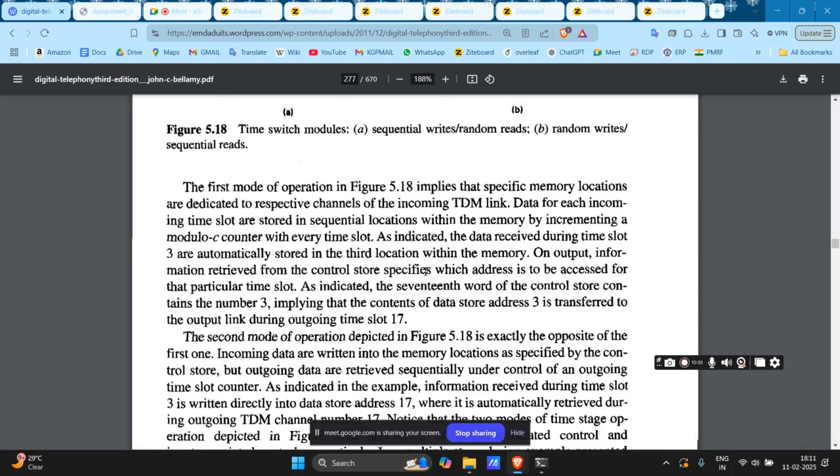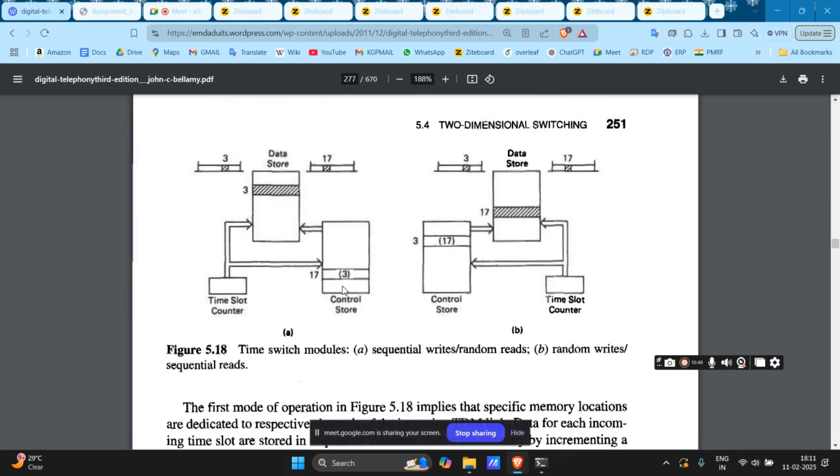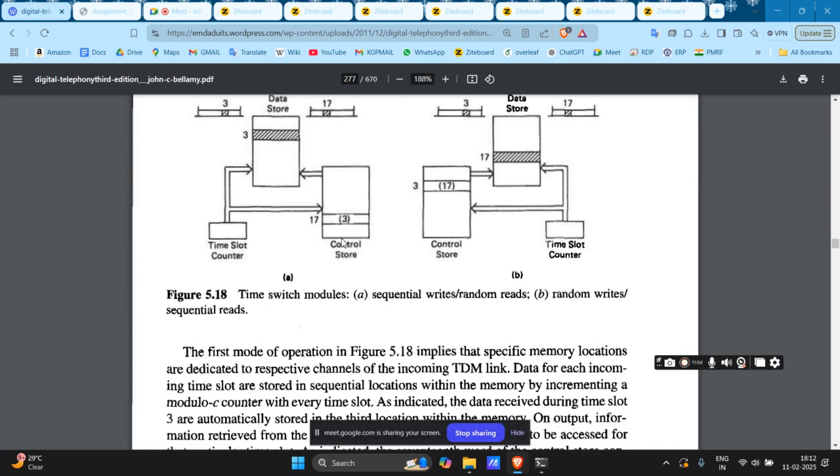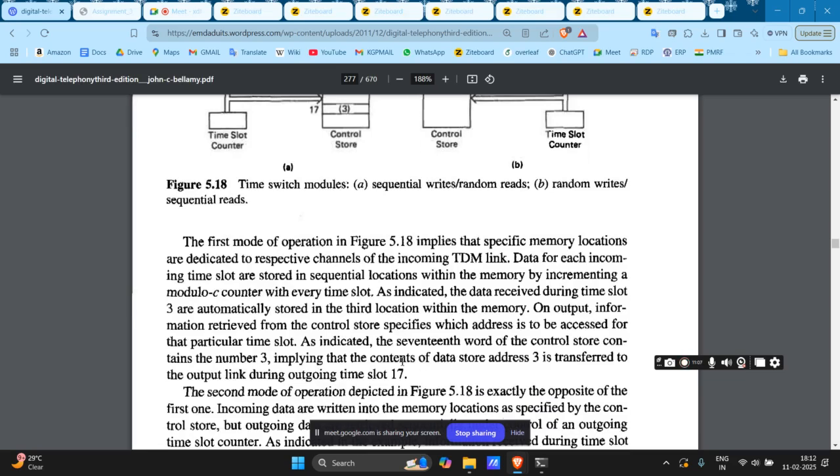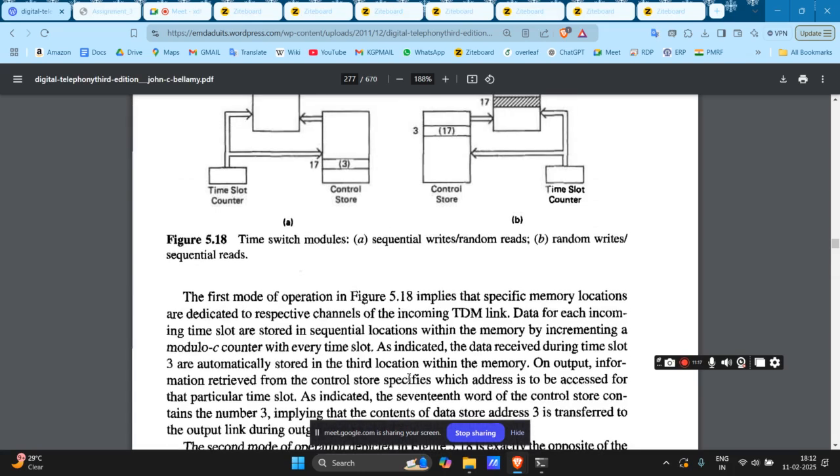As indicated, the 17th word of the control store contains the number 3, implying that the contents of data store address 3 are transferred to the output link during outgoing time slot 17. Since it is written sequentially, but randomly accessed, it will not get accessed in its own turn.